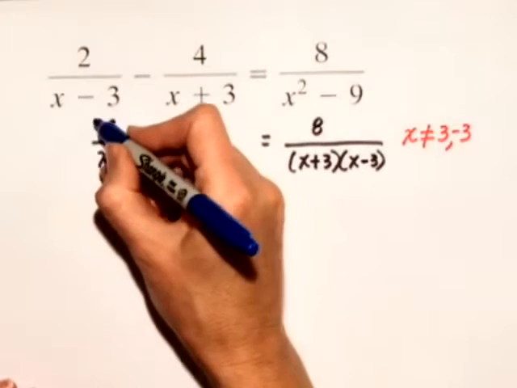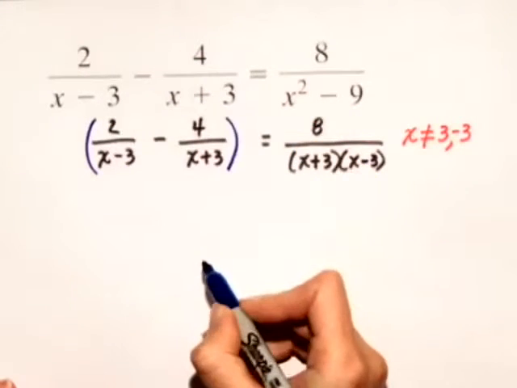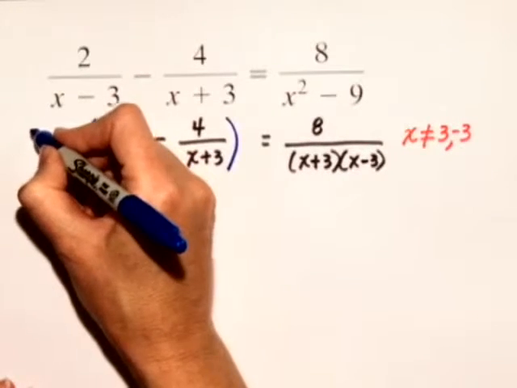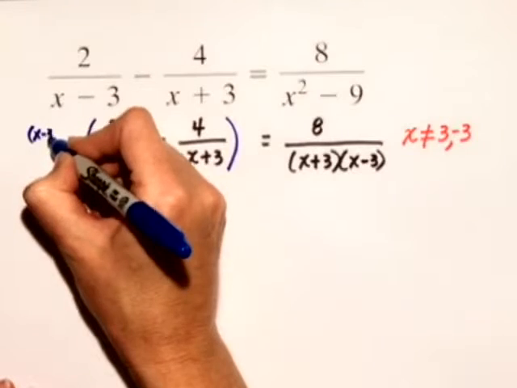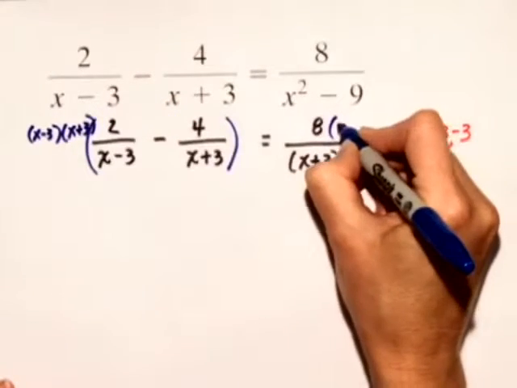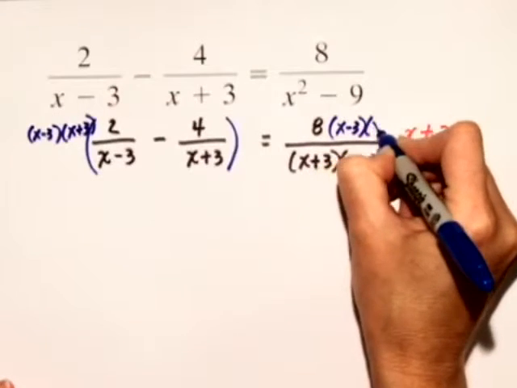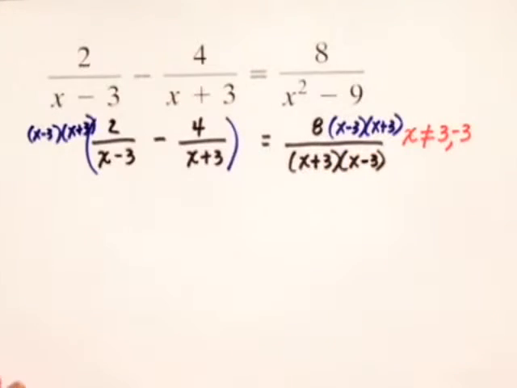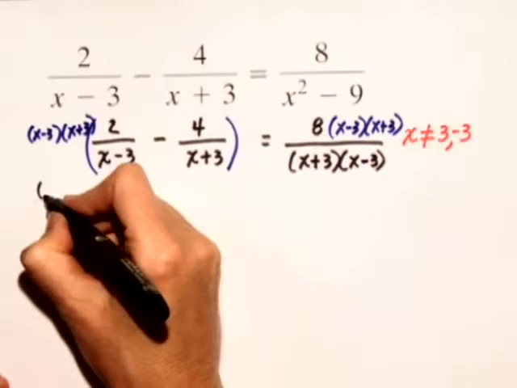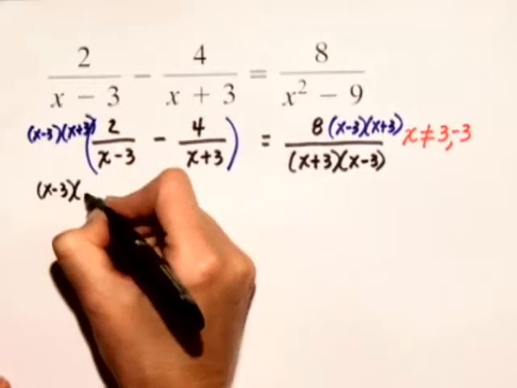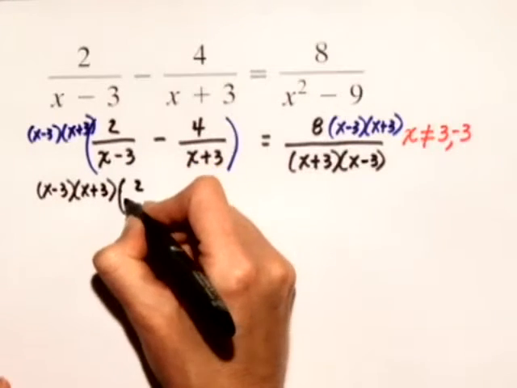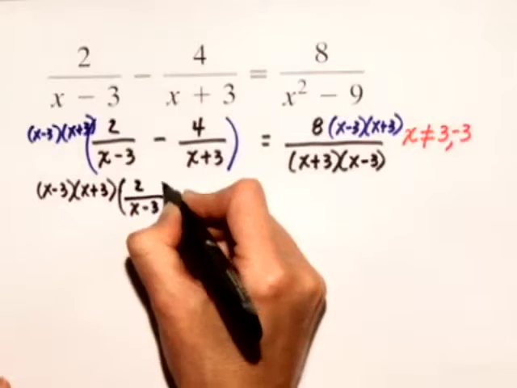So we're going to multiply both sides of this equation through by the quantity x minus 3 times x plus 3 on both sides. And when we do that, we're going to have x minus 3 times x plus 3 times 2 over x minus 3.